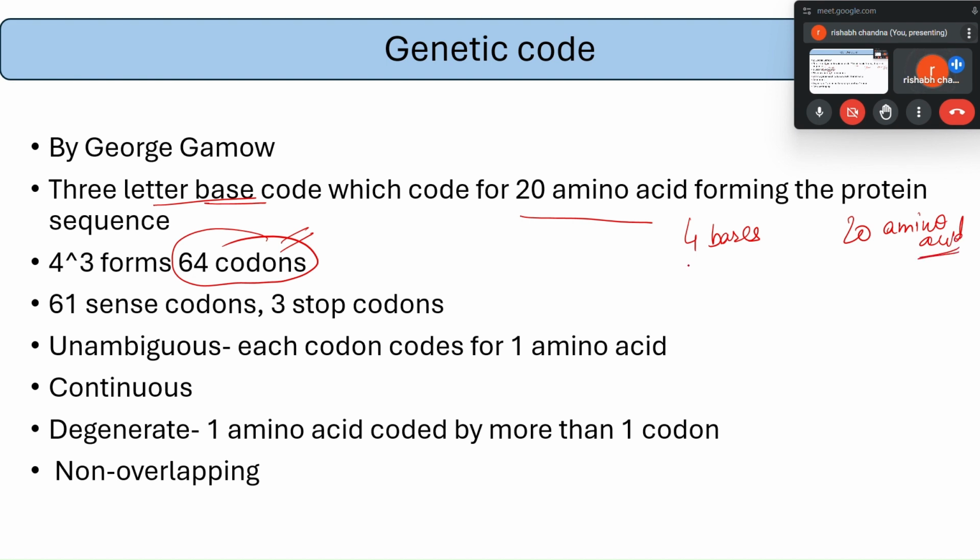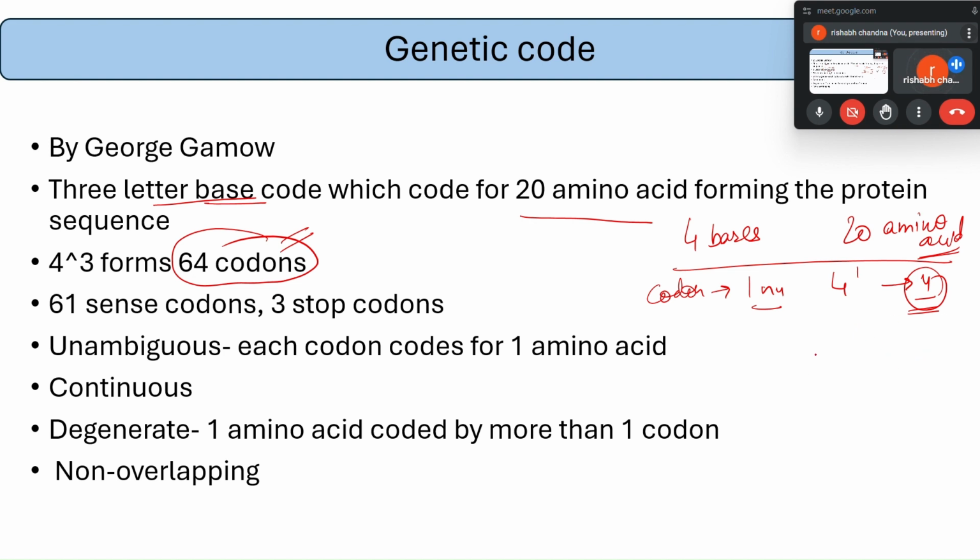If the codon has a single base, one nucleotide, this will lead to only four codon combinations for amino acids. But this number is so small that one amino acid would be coded by many codons, which would create more confusion.